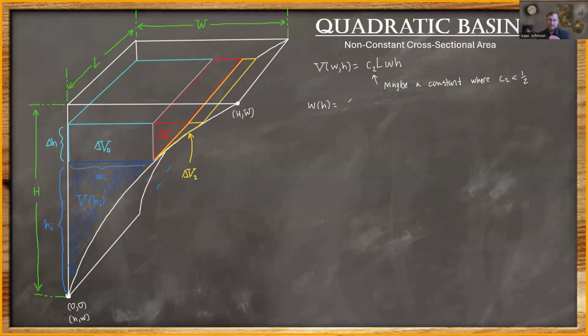So what should I fill in here? It's a little bit harder than the linear one, but a very similar technique. Any guesses?